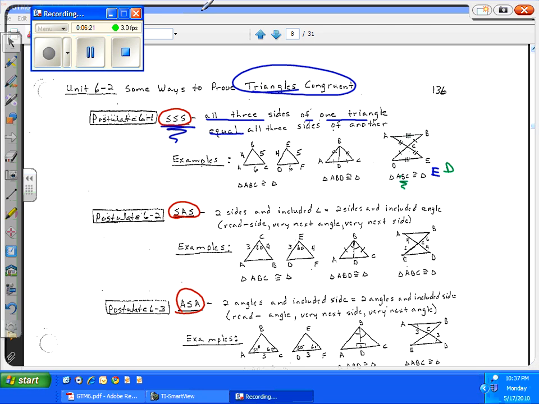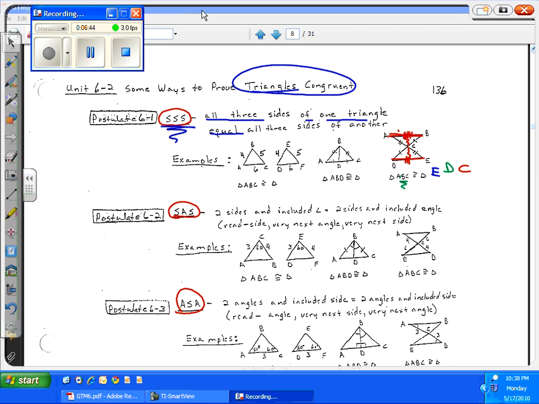And C is the only thing left, but we could follow that same scenario. This side's got three marks. Opposite it is C. We find the side with three marks. Opposite it is C. So C is equal to C, and we know they're vertical angles, so being vertical, they were going to be equal anyway.